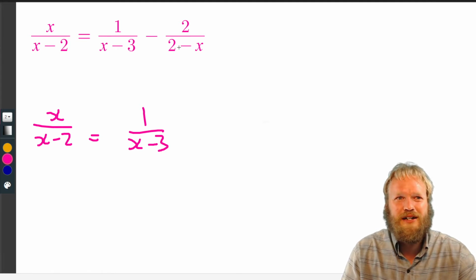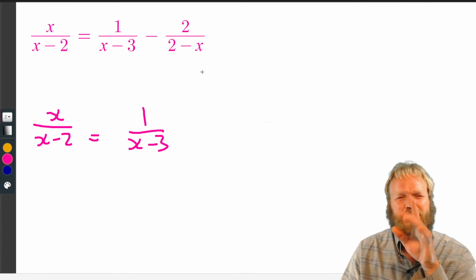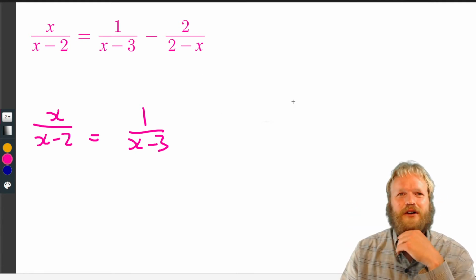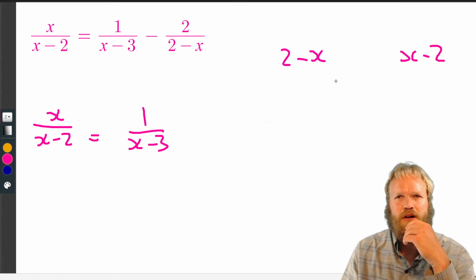Now, 2 minus x looks so close to x minus 2, right? It looks really similar. It's not quite the same, but we can kind of make it look the same. Let's see how we could do that. We want 2 minus x to look like x minus 2. Now, this is a positive 2, and that's a negative 2.